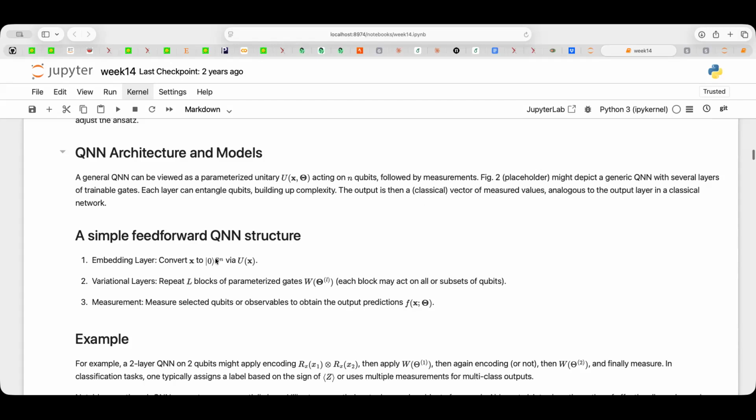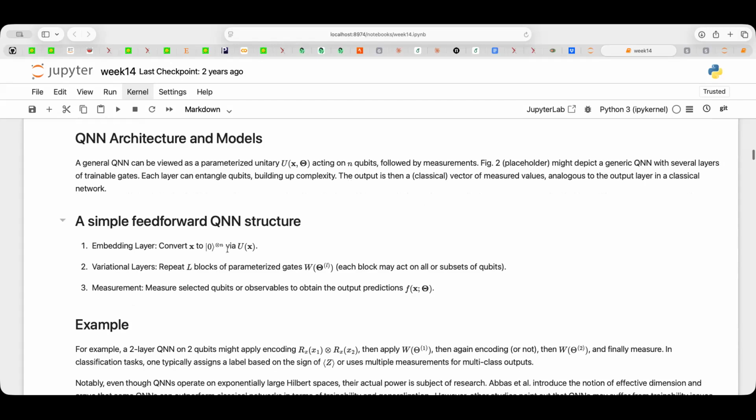So you embed, converting X to quantum states via this operation, U of X. Then you have the variational layers, and you repeat L blocks of parameterized gates. And each block may act on all or just a subset of the qubits.